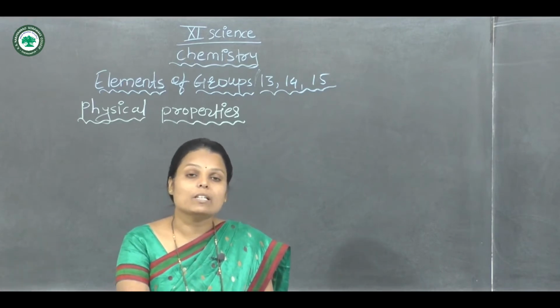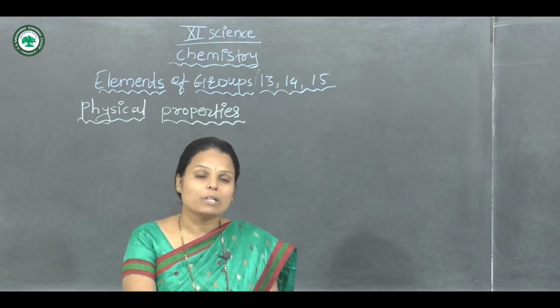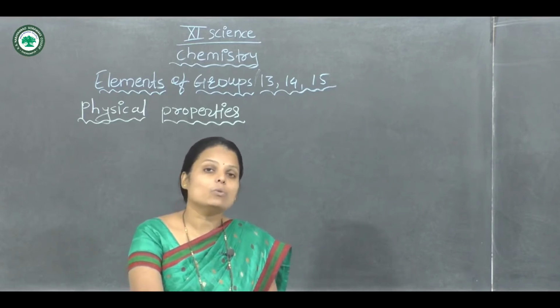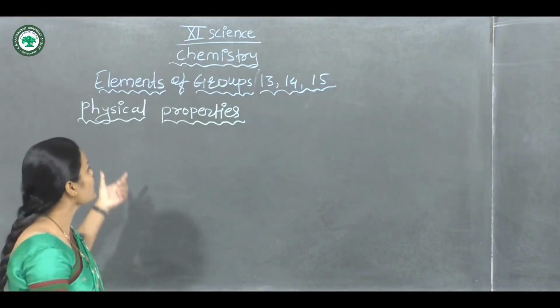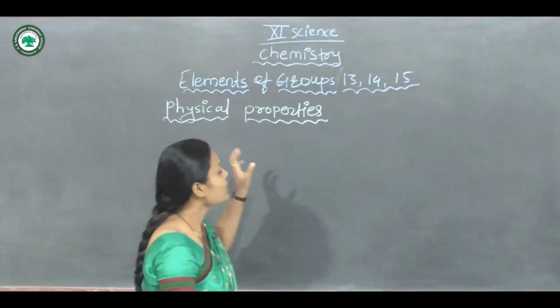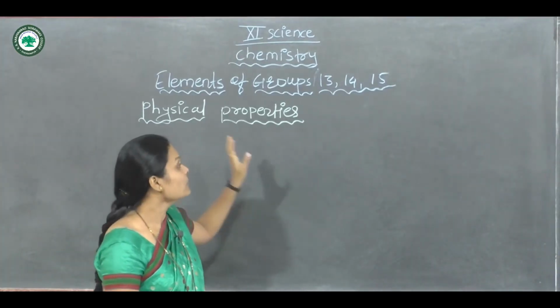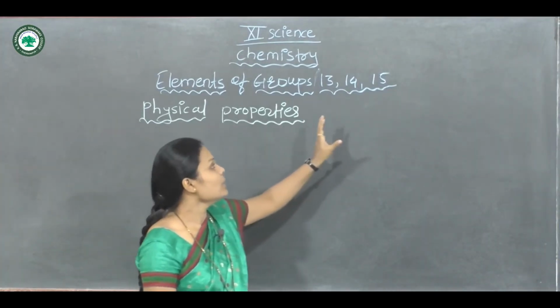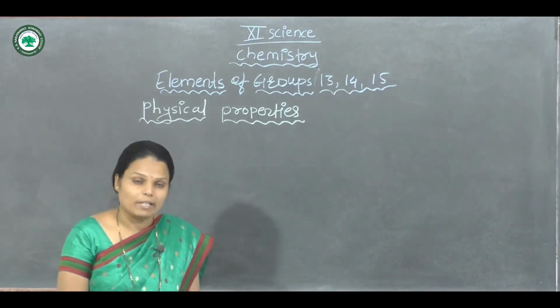Then we also discussed the electronic configurations of all the elements of group 13, 14 and 15. Now today we are going to start a new topic in this chapter: physical properties. The physical properties of group 13 are discussed separately, and group 14 and group 15 we will discuss in this lecture.